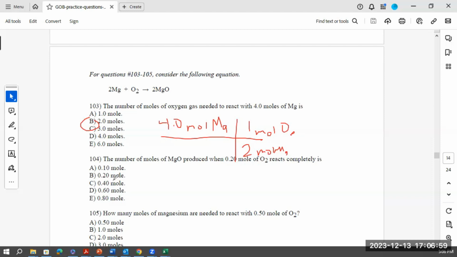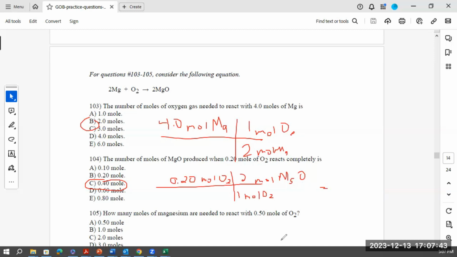C. The correct answer is C, because we know that we're starting off with 0.20 moles of oxygen. And we know that the ratio is for every 1 mole of oxygen on the bottom, we have 2 moles of magnesium oxide. Good job.